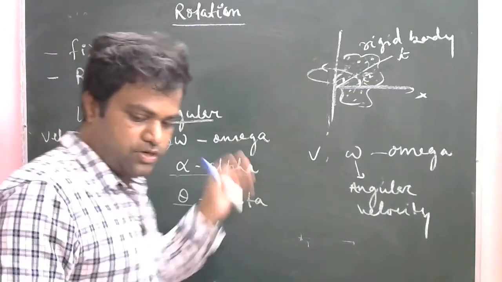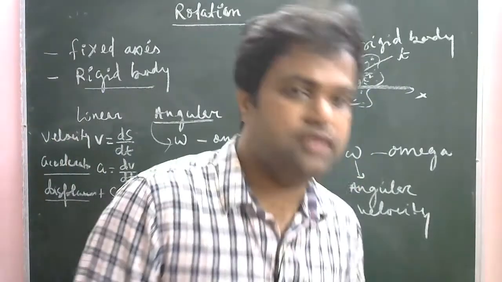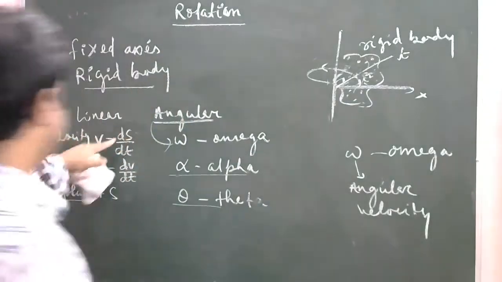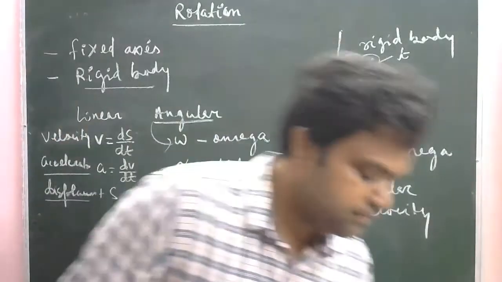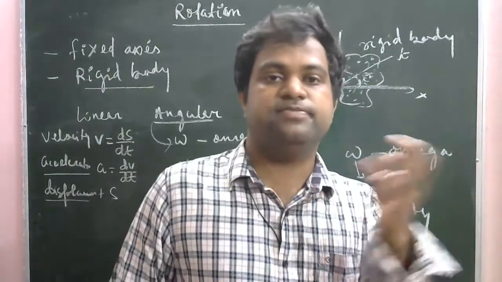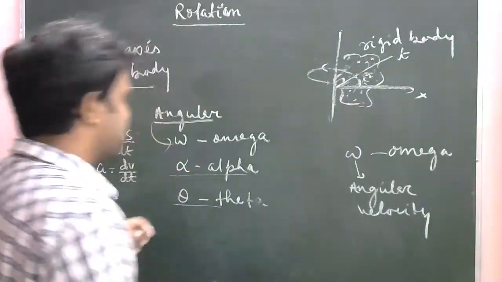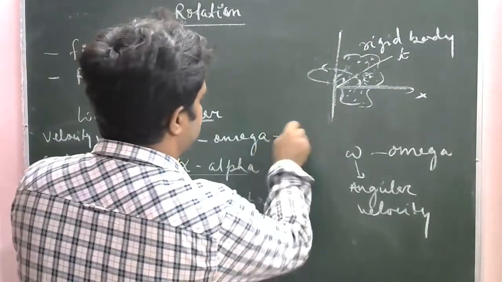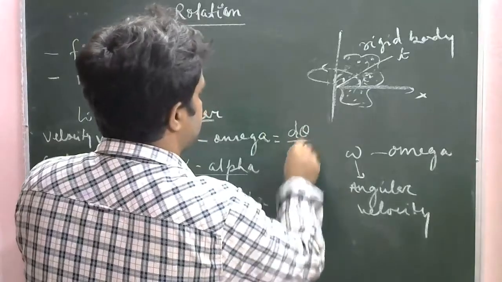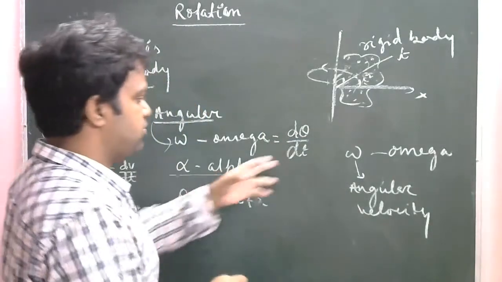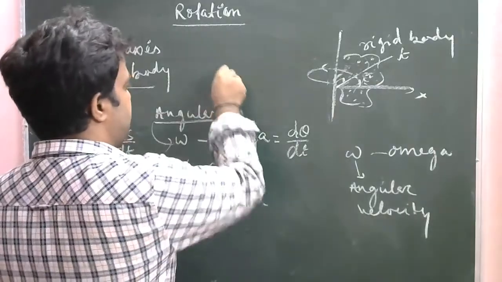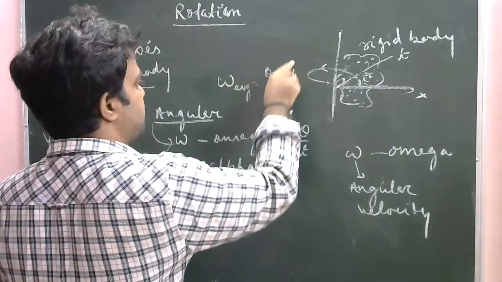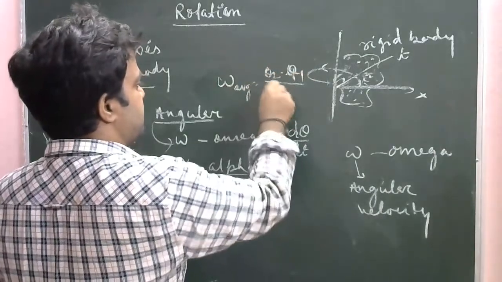The same concept will be used for rotational motion also. Here, instead of displacement s, we have displacement theta, and angular velocity. So what will the velocity be here? The same, d theta by dt. This is instantaneous; for the average one you can write omega as theta 2 minus theta 1 by t2 minus t1.